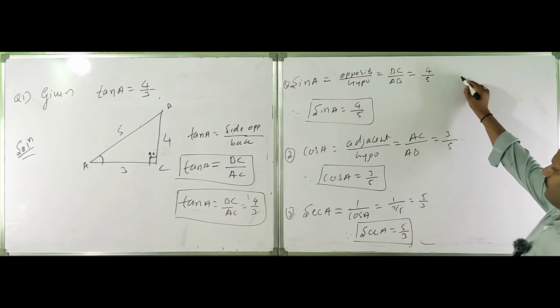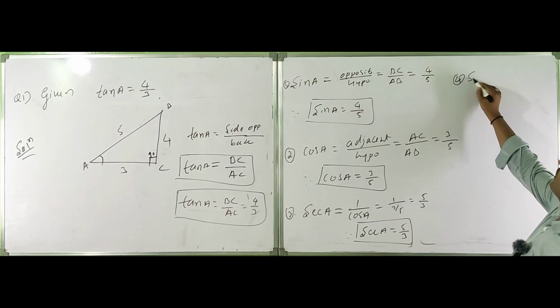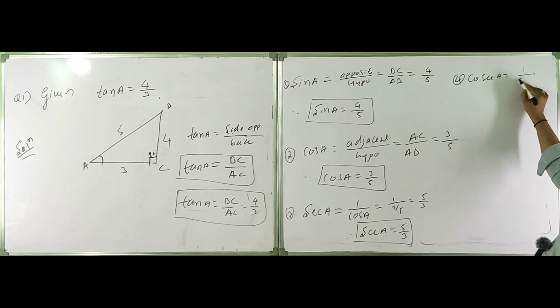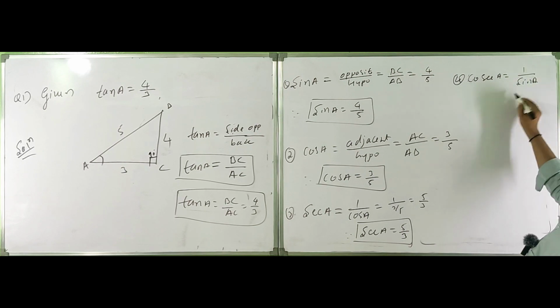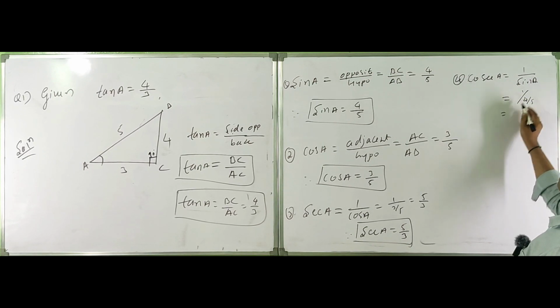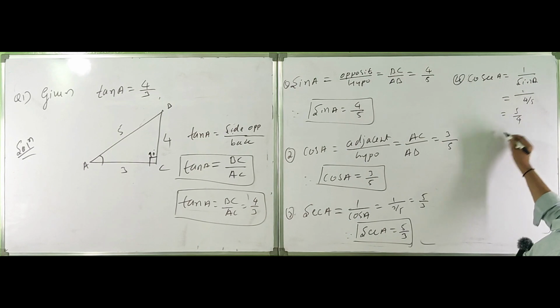Fourth one is cosec A, which is equal to 1 by sin A. That is 1 by 4 by 5, which becomes 5 by 4.